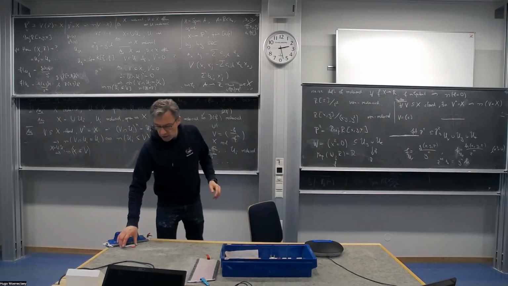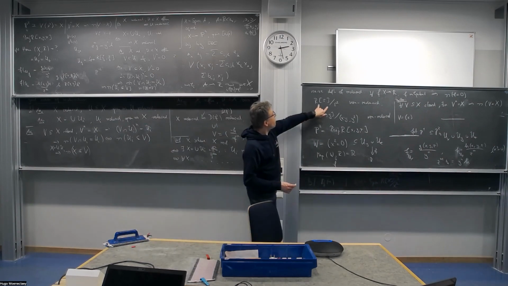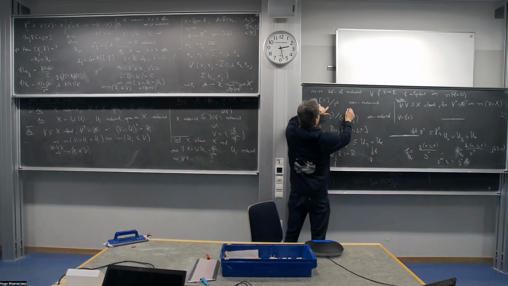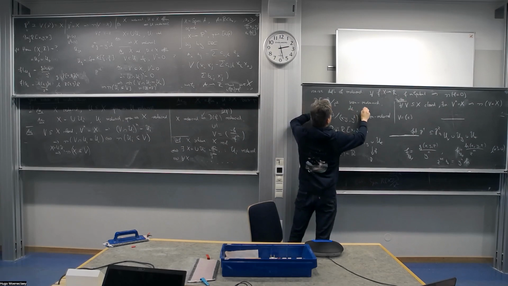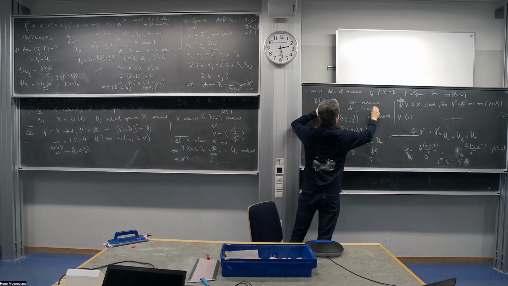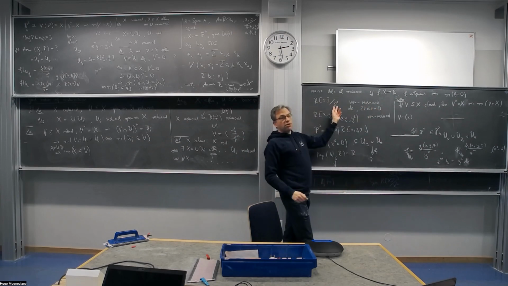Let's go back to this example. If we calculate the Kähler differentials here, then they are generated by d epsilon, and the relation is 2 epsilon d epsilon is 0, just by differentiating epsilon squared.